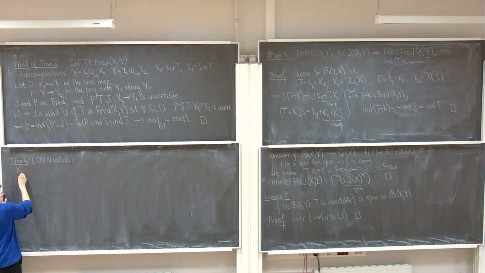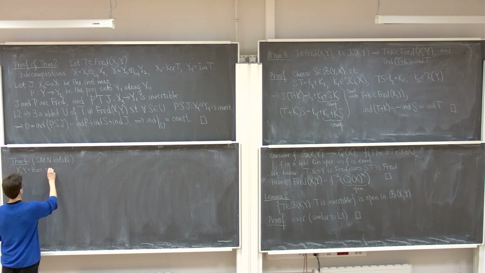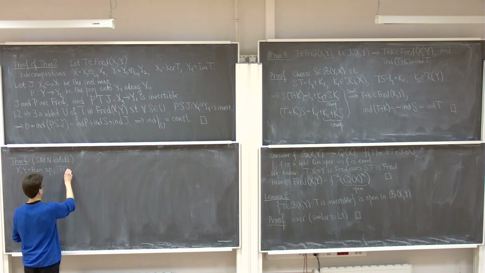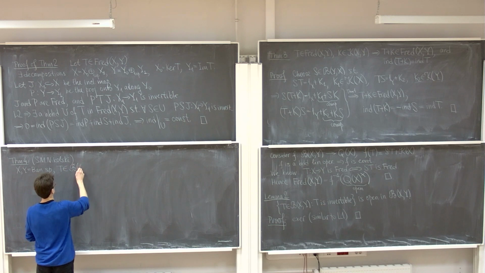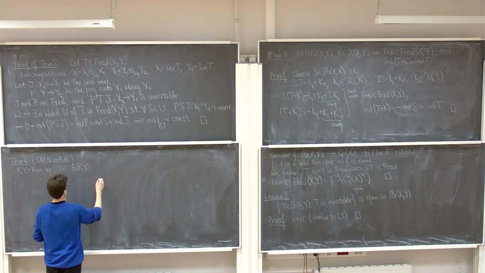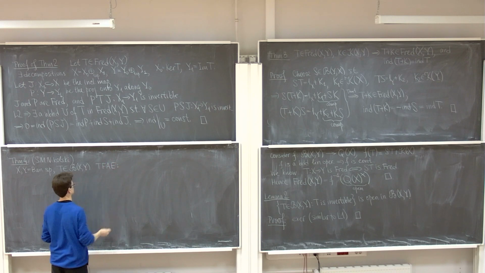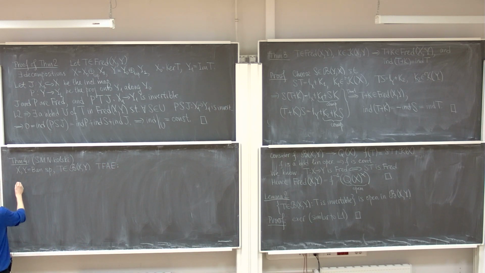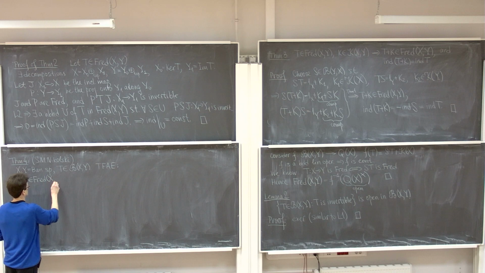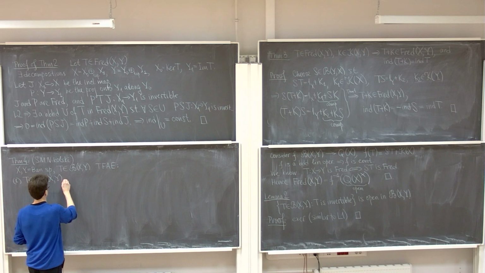So again, X and Y are Banach spaces, and T is a bounded operator from X to Y. Then the following conditions are equivalent. Condition 1, T is Fredholm, and the index of T is 0.